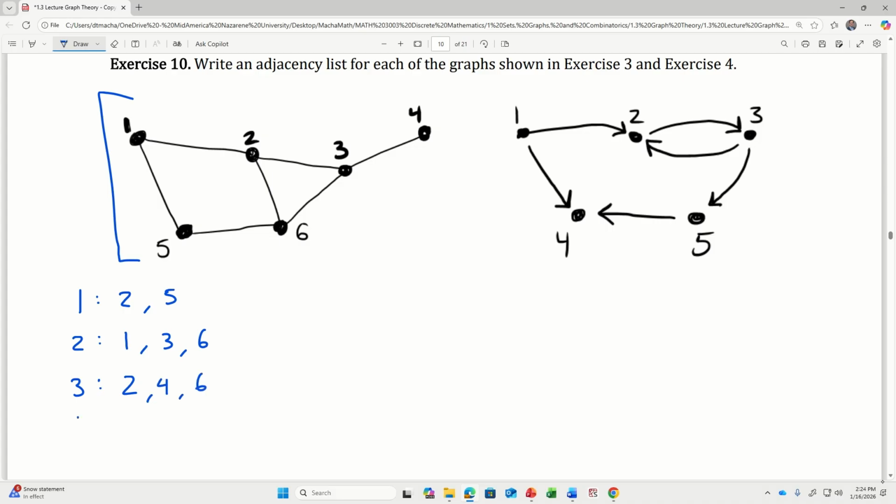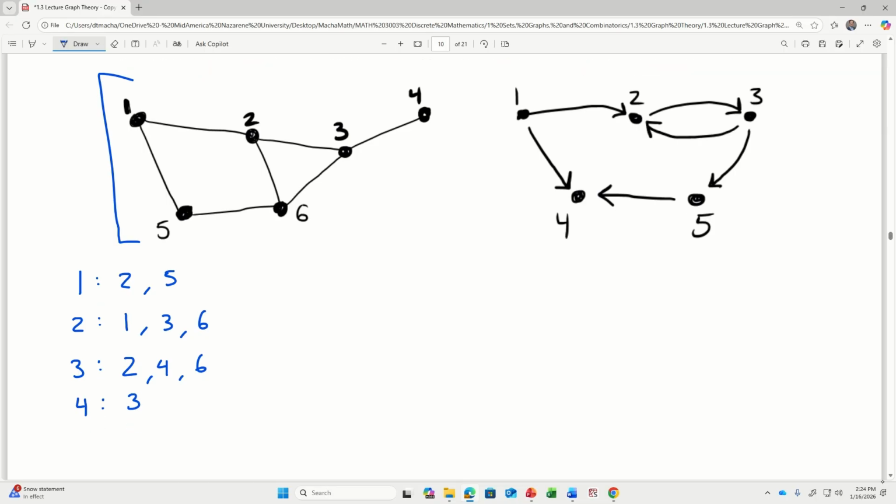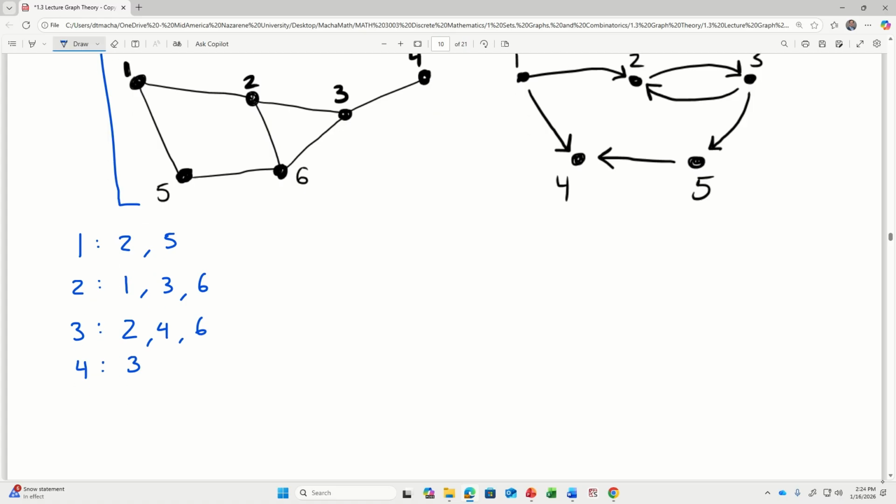And I look at node 4, and I say that is adjacent to node 3. And I look at node 5, and I say that's adjacent to 1 and 6. And I look at node 6, and I say that's adjacent to 2, 3, and 5. That's kind of the first part.